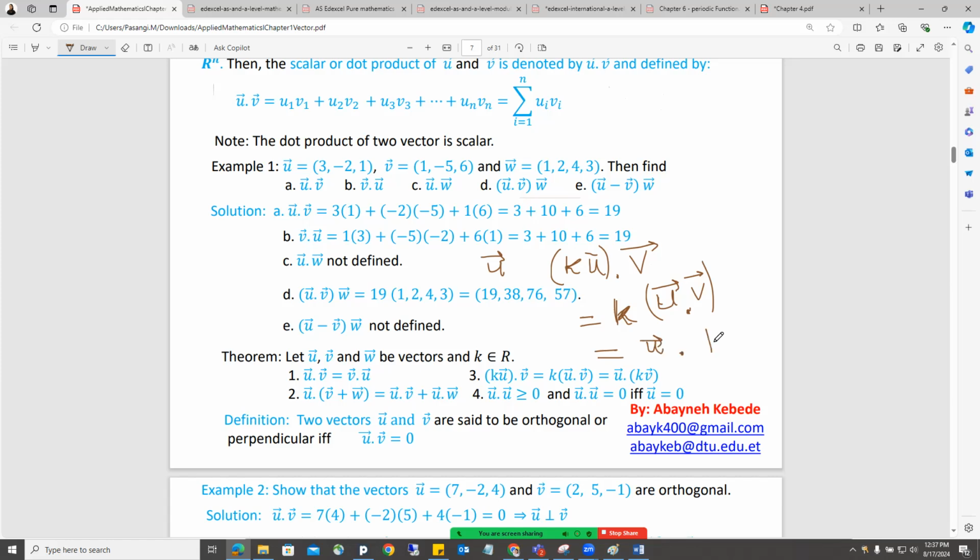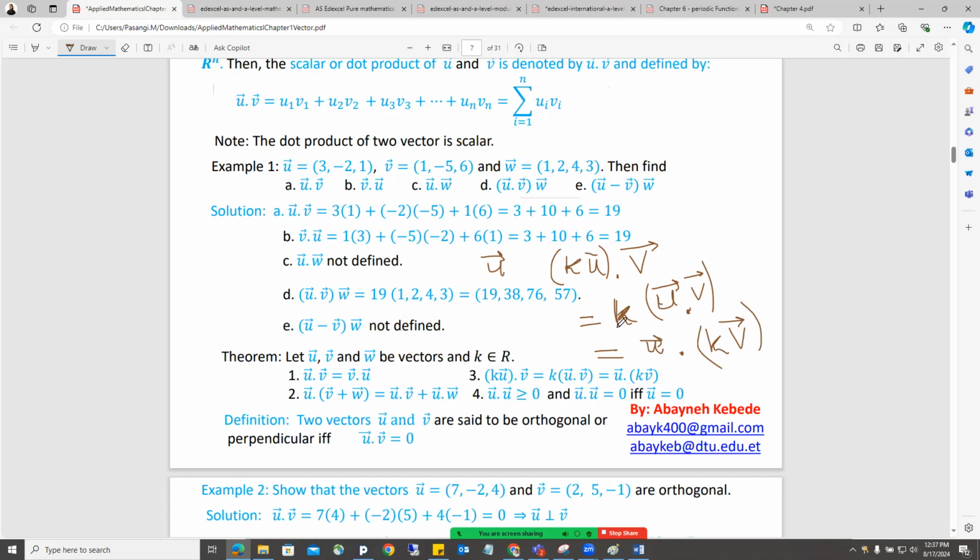And also again, this is equal to u dot kv vector. So earlier we multiplied this u vector by the scalar k and then took the dot product of ku vector and the v vector. The final value of that is equal to the final values of these two expressions as well.